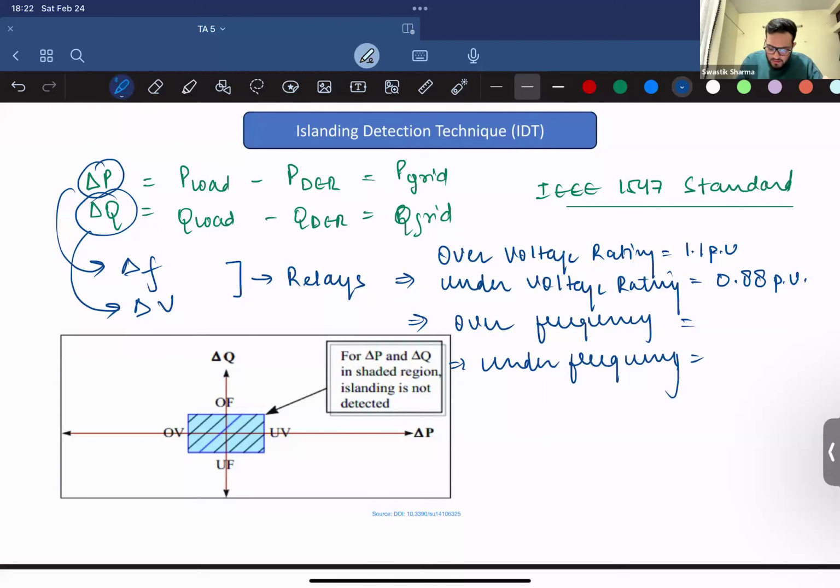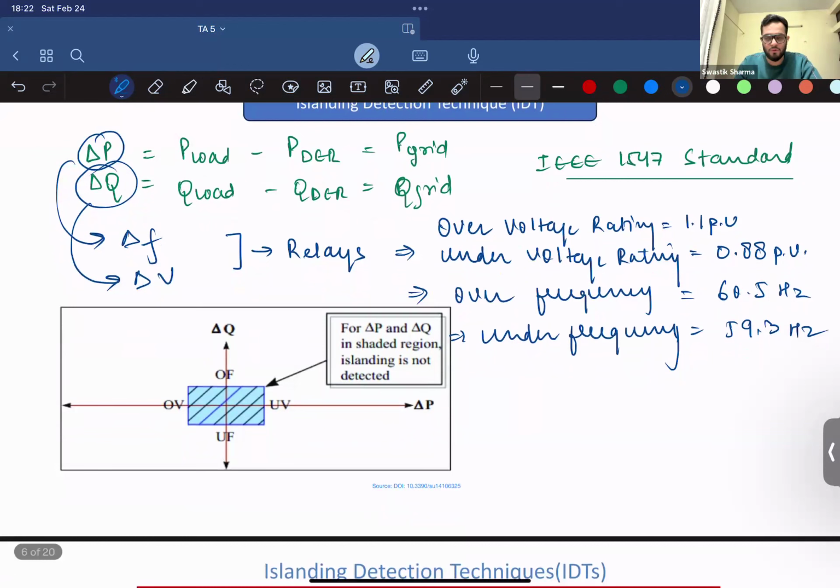So they have 60.5 and, I guess, 59.3 hertz. You can check what it is for the Indian scenario; I don't have the figure for that. So this is what the set points for the relays are. The relay checks for this over voltage and this over or under frequency for a particular period of time before it trips and disconnects the DR from the system.